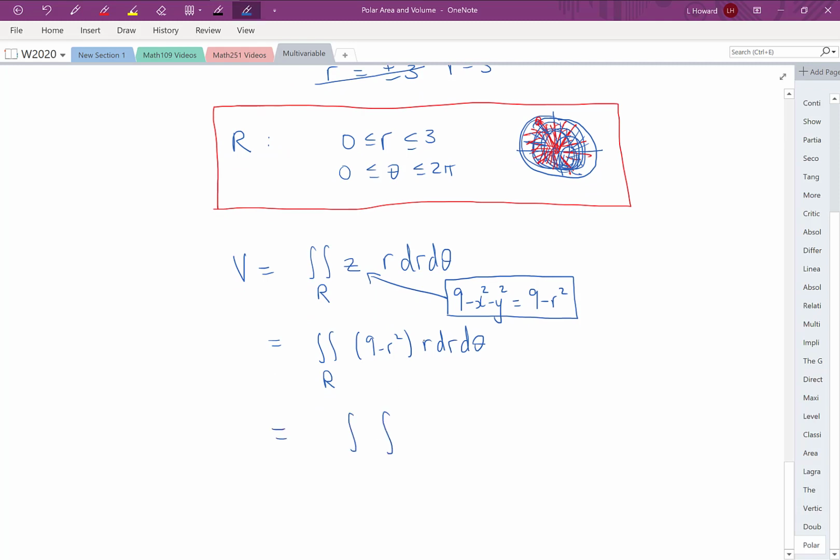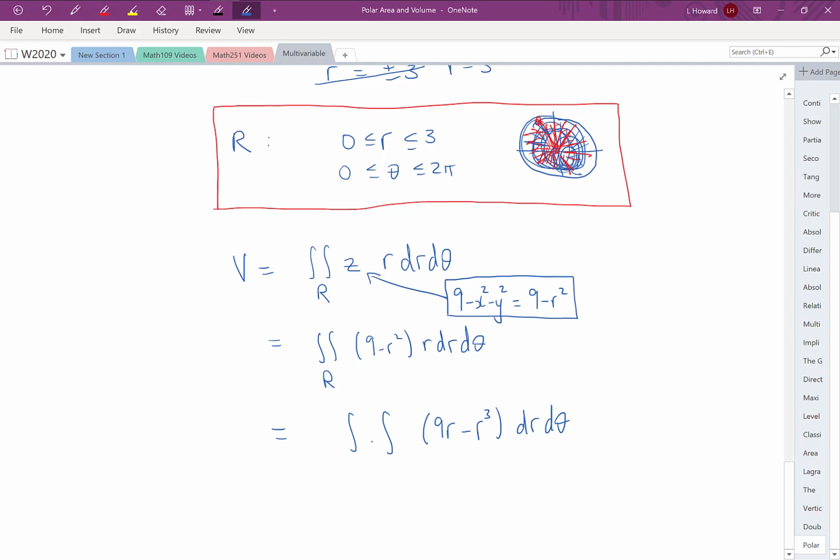So if you want, you can multiply the r through with the 9 minus r squared. You could have 9r minus r cubed for our integrand. If we were actually going to go ahead with the integration, we would certainly want to do that so that we're ready to integrate. If you're just setting up the integral, I would say it doesn't matter whether you keep the integrand factored or whether you expand it out.